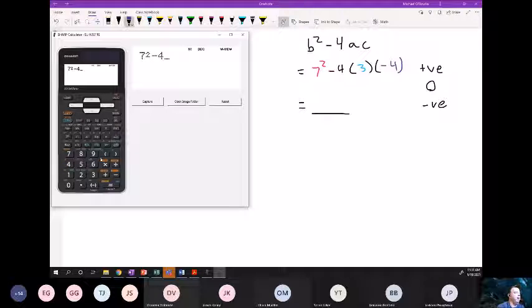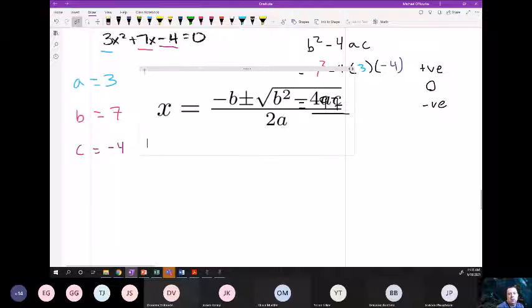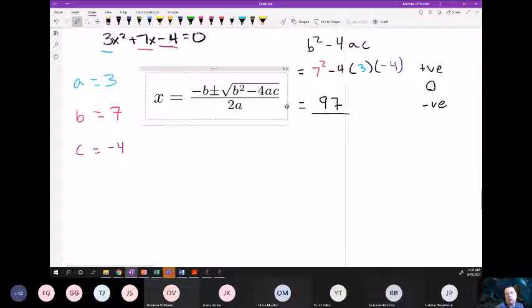Whatever calculator you have, you have to know how to use it. Did you guys get 97? How many people got 97 as their answer? Perfect. So that means there's two roots. There's two answers. Okay?